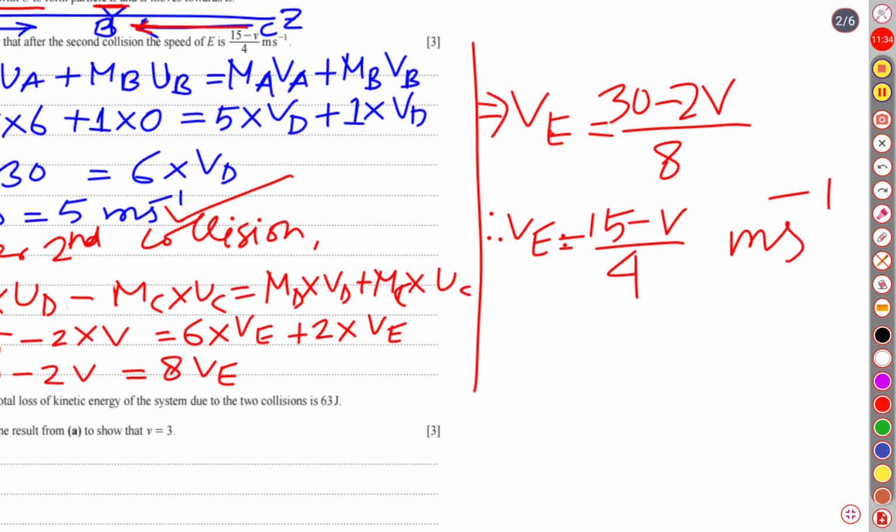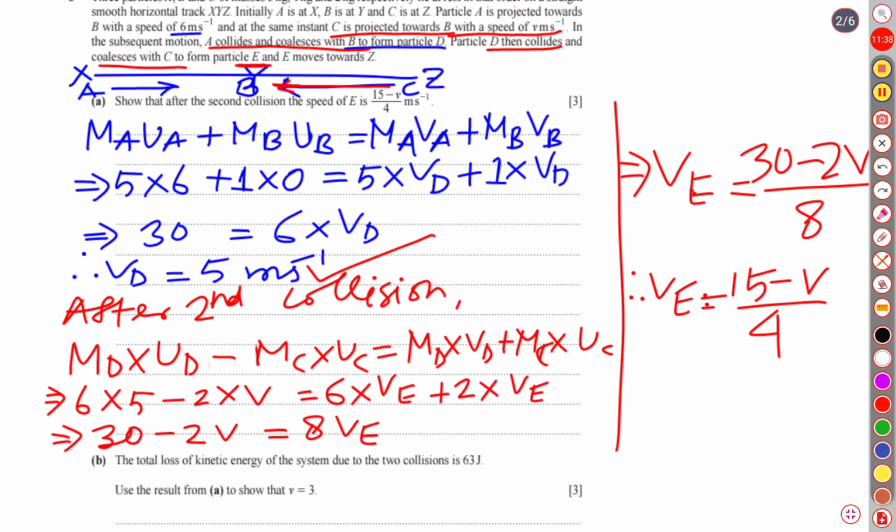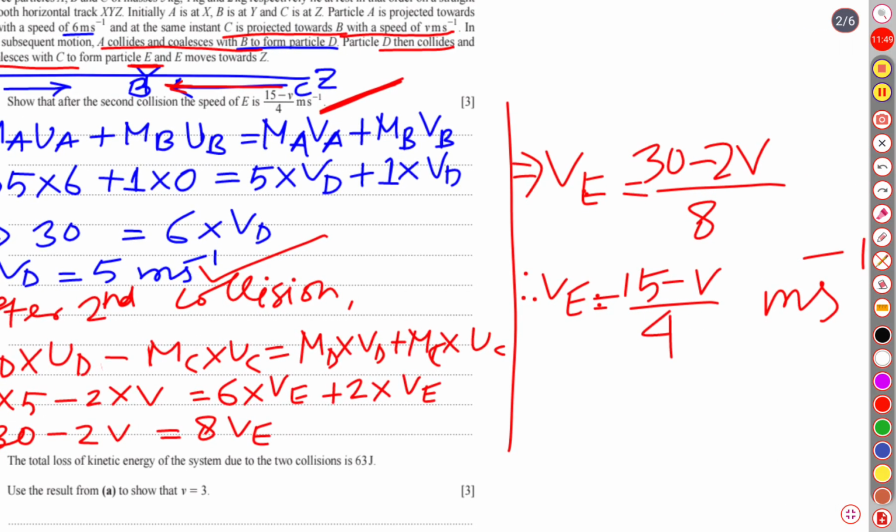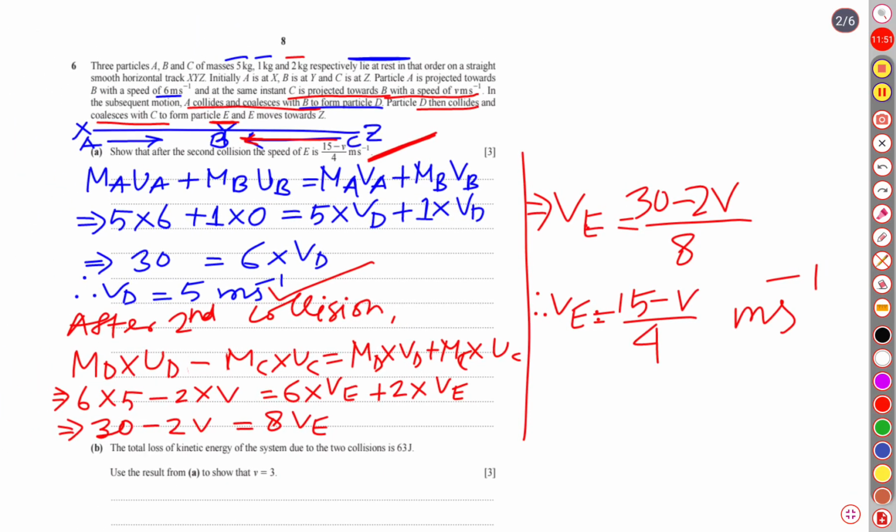And they have told us to show that the final velocity after the second collision is (15 minus v) over 4 meter per second.